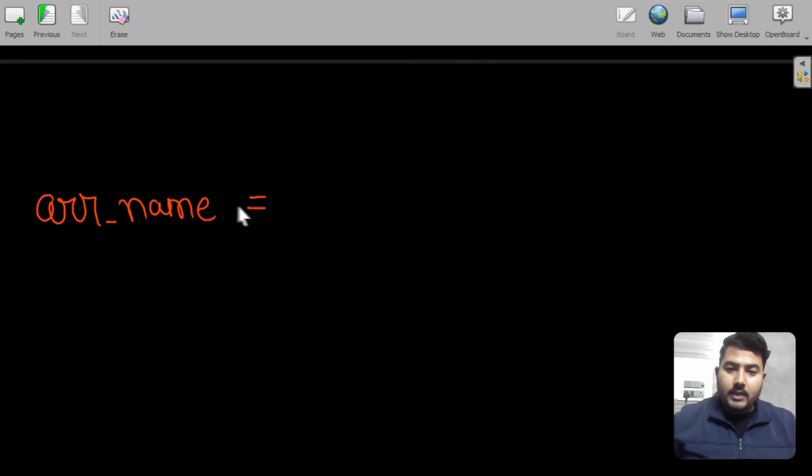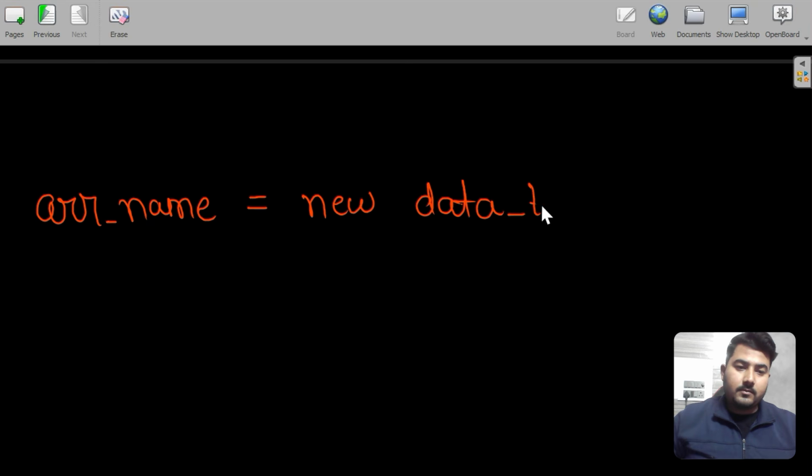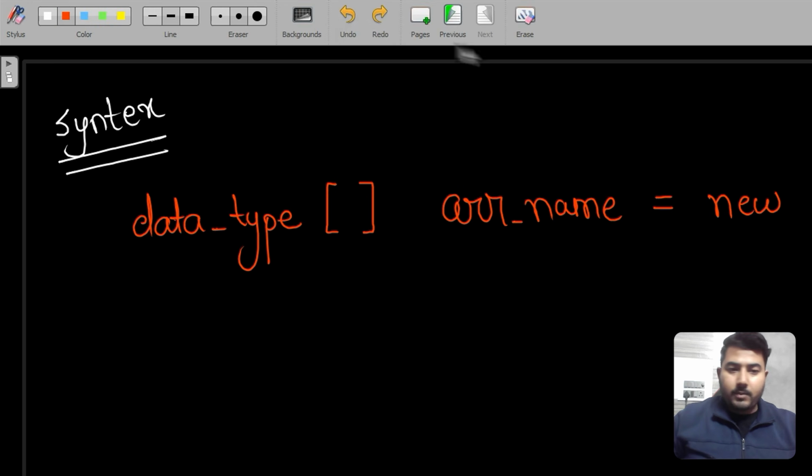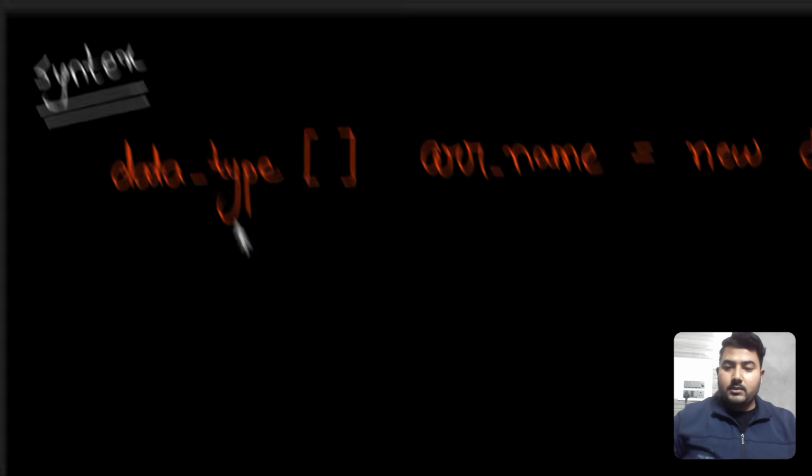Then with equal to, I am going to say new, and again the same data type here as well. And one last time, square brackets I'm going to have, inside which we are going to mention the size of our array. We are going to just end this statement. This is what the syntax of our array looks like.